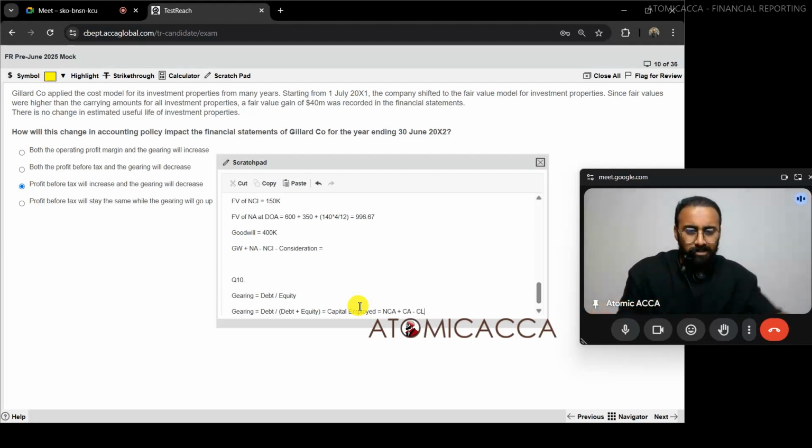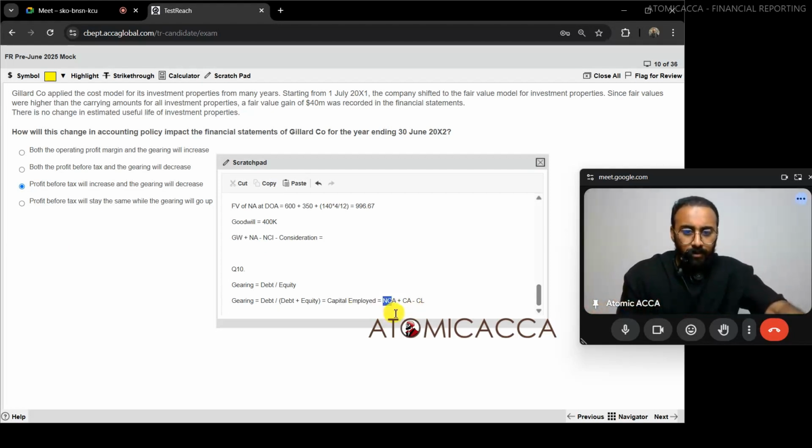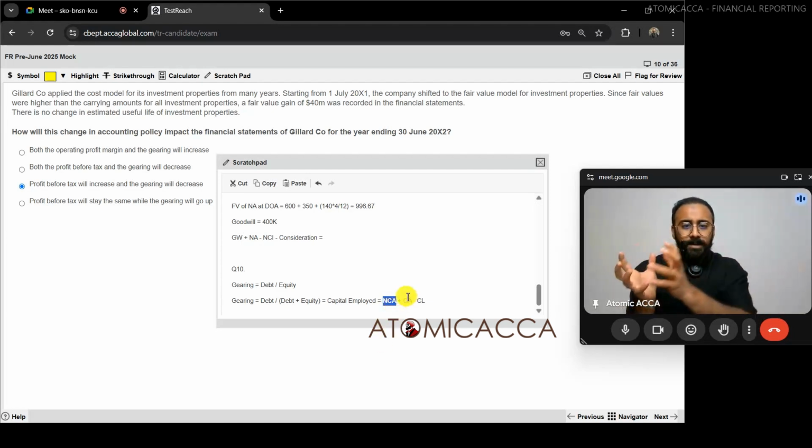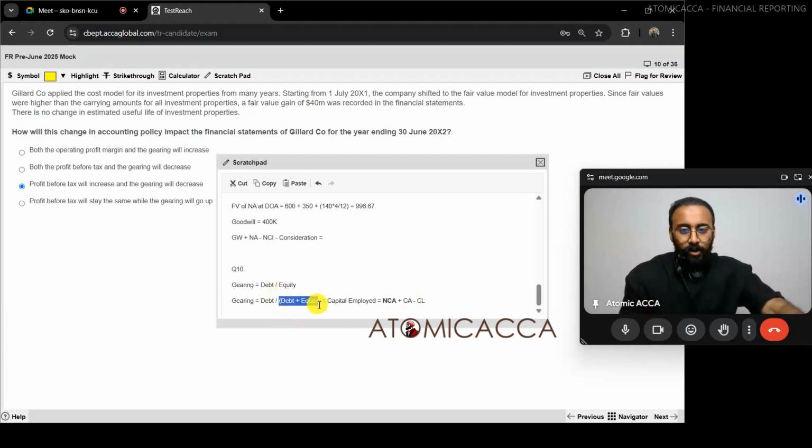Don't focus on all these things. Just focus on the non-current asset part. One element of capital employed is non-current assets. So we can collectively say that one element within the denominator is the non-current assets. Here, what is happening?